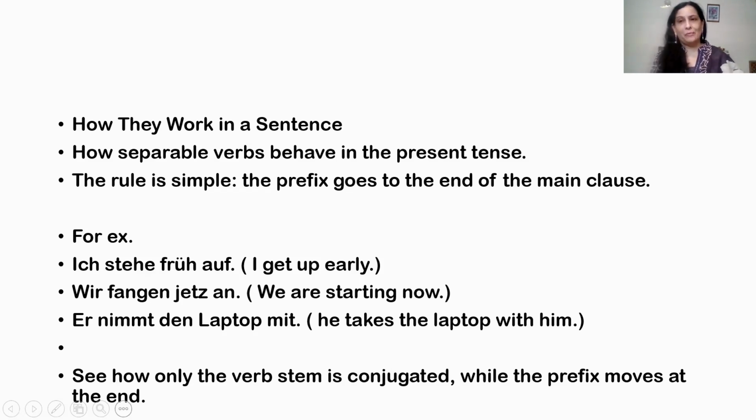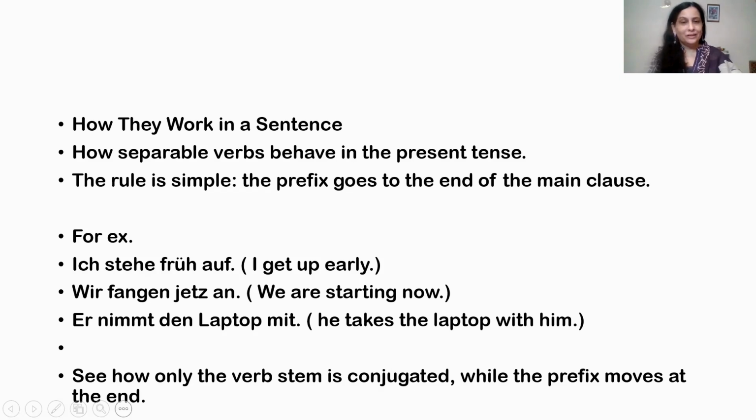Again, the same thing is happening here. Mitnehmen is the main verb. We are splitting it into two parts. Nimmt is coming at the second position, and mit, that is the prefix, is moving to the end of the sentence. So see how only the verb stem is conjugated while the prefix moves to the end.